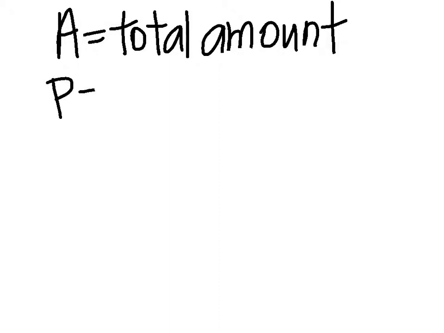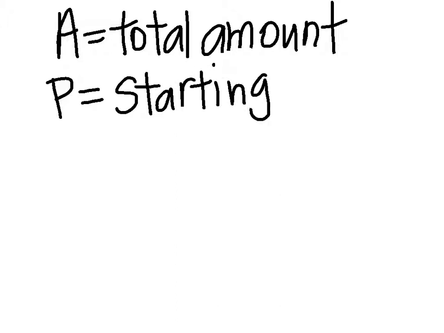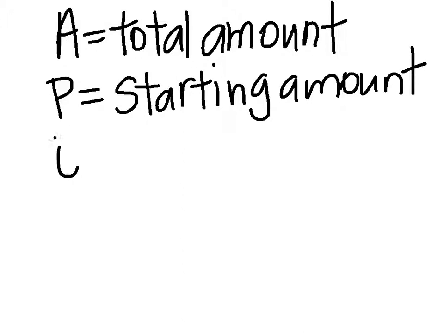The P is our principal or our starting amount, if you want to put it into simple terms. This is the amount of money that we're going to borrow or invest. Our I is our interest rate, but it's our interest rate per compounding period.